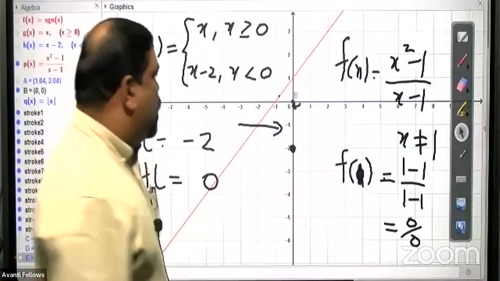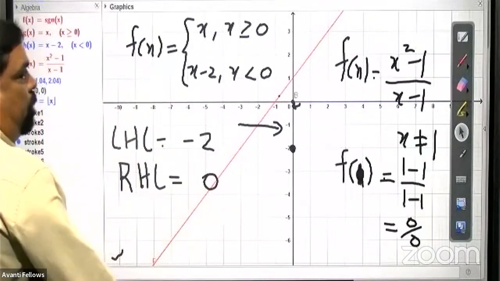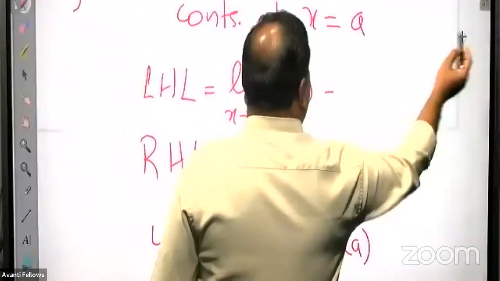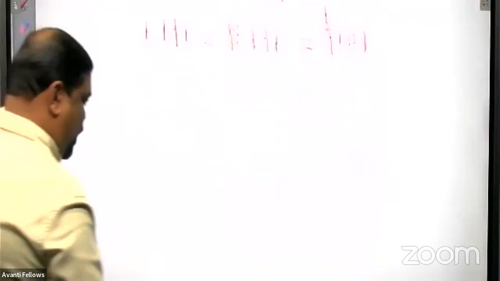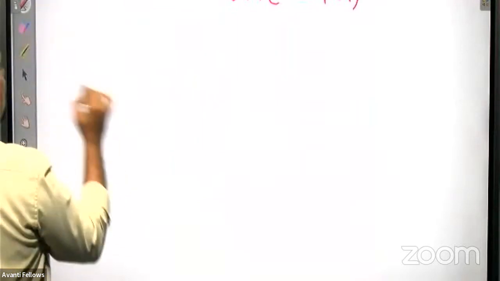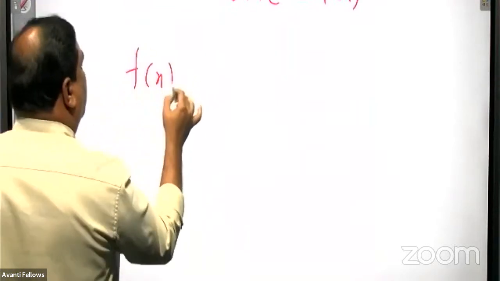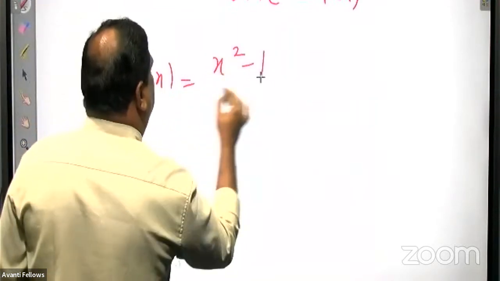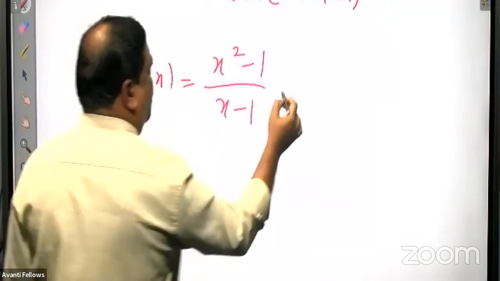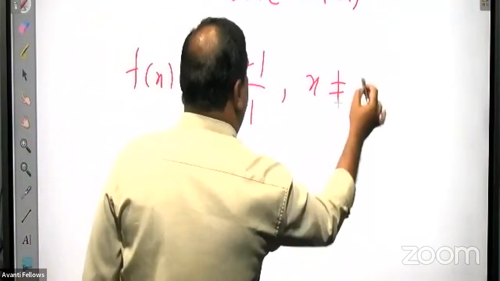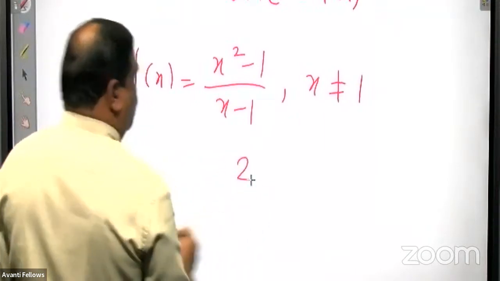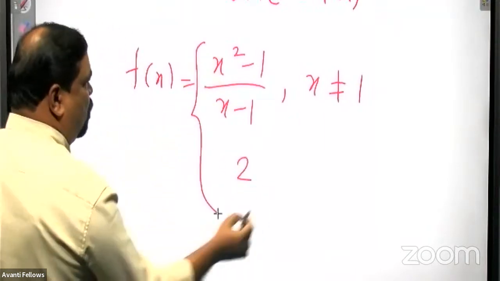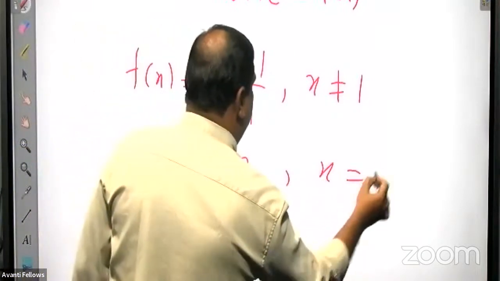Okay. So if I define this function in this way, f of x equal to x square minus 1 divided by x minus 1 if x not equal to 1, and that is equal to 2 if x equal to 1.